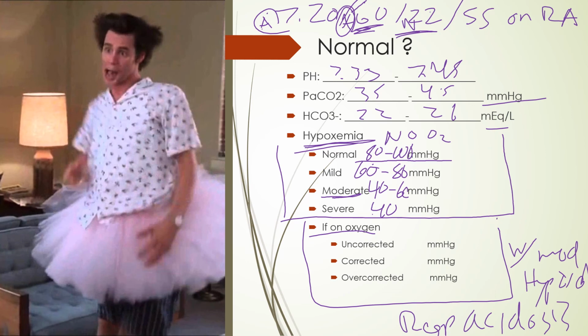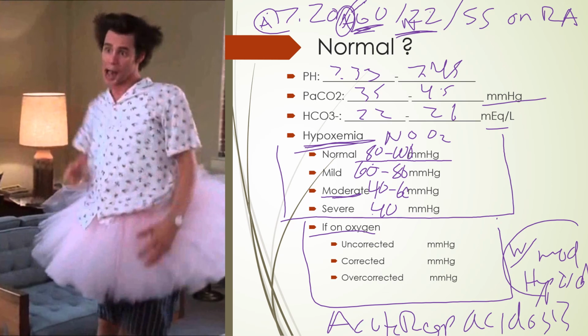So this is acute, because remember the metabolic system hasn't kicked in here. So this is an acute respiratory acidosis with moderate hypoxemia. All right, because they're not on oxygen. So the solution here would be to get them on oxygen to where we can at least get their PaO2 above 60, right? Per the oxyhemoglobin dissociation curve.